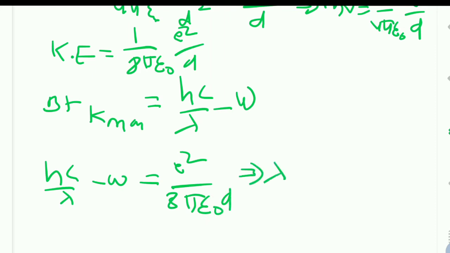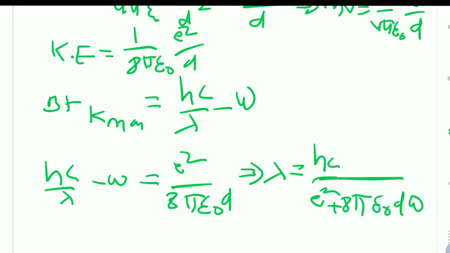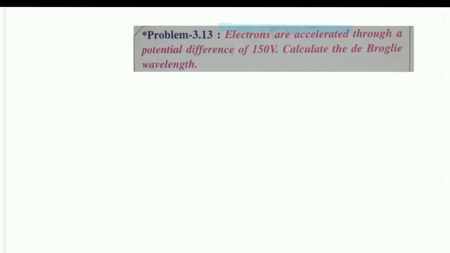Then lambda is equal to hc by e square plus 8 pi epsilon naught d times the work function, over 8 pi epsilon naught d.